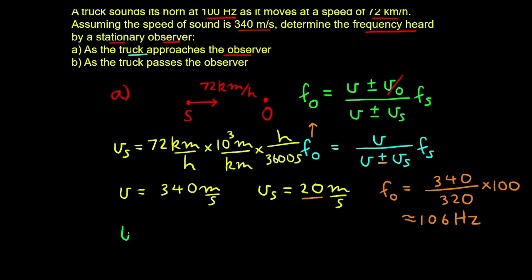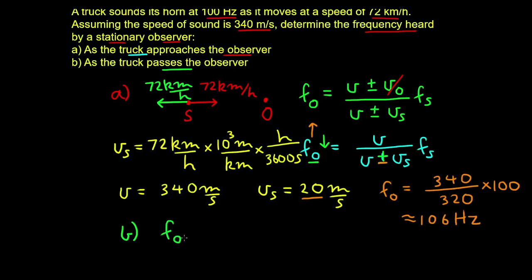And in part B, we're asked for the frequency heard by the observer as the truck passes the observer. So when the truck passes the observer, it's going in the opposite direction. So when it's moving away from the observer, we expect the frequency heard by the observer to decrease. So therefore we use the positive sign here.